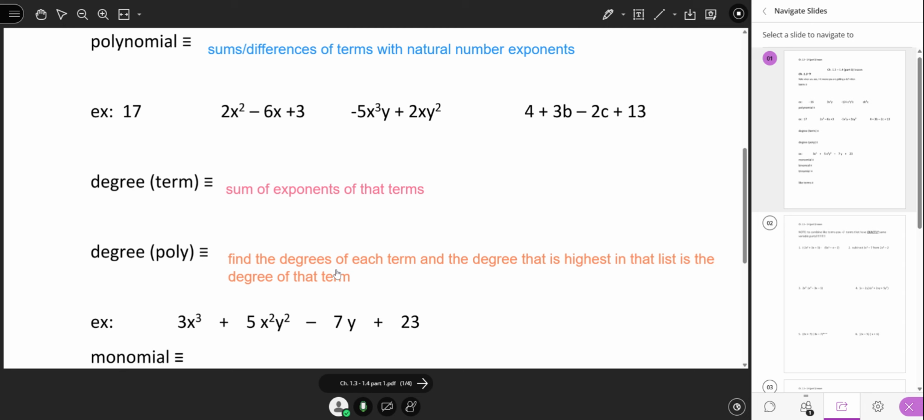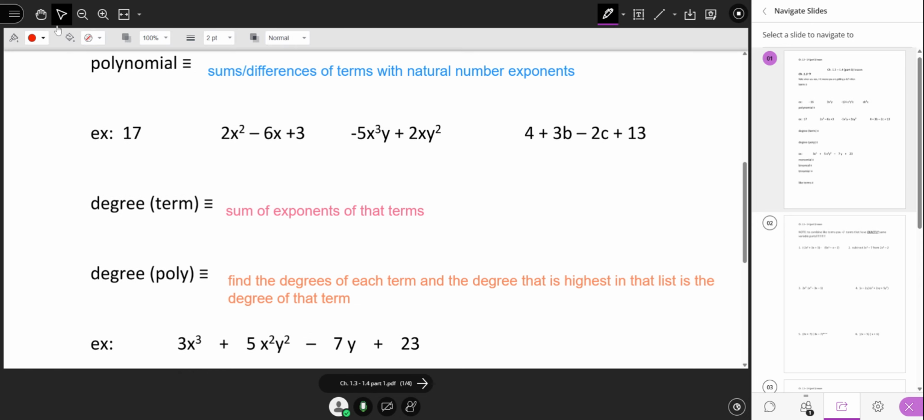And it's not really the definition, it's really more of the directions on how to do it.